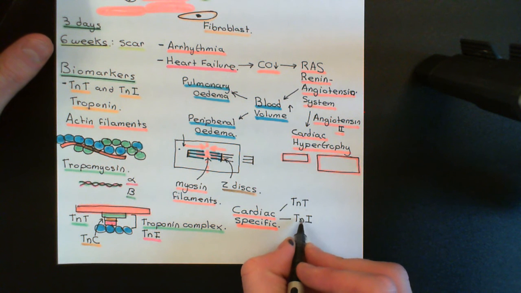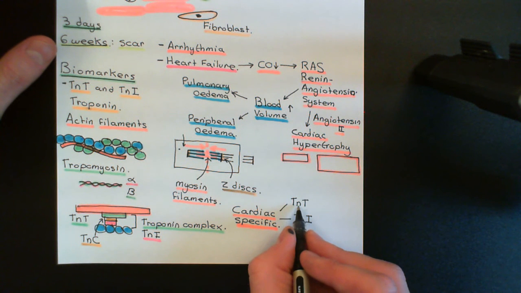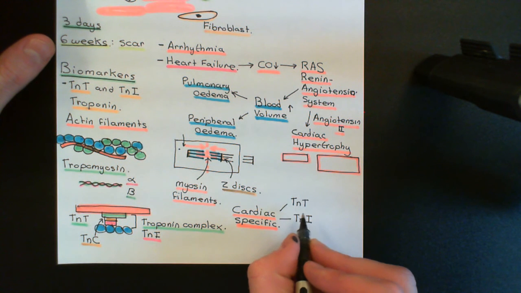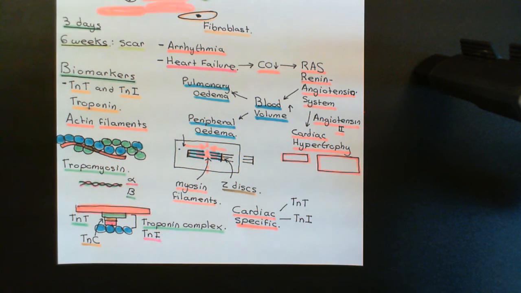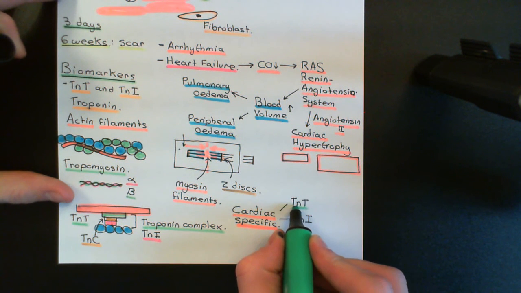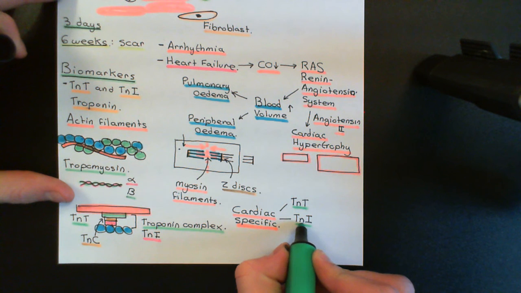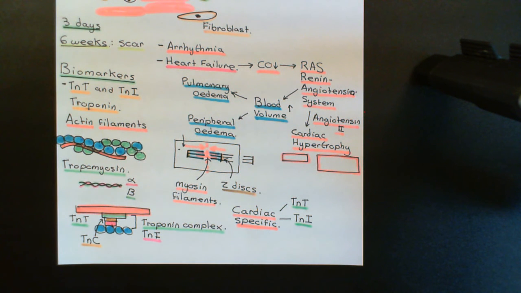It must have been a myocardial infarction, because if it was just unstable angina and you didn't actually have any cardiomyocytes dying, then these proteins would not have been released from the cells into the extracellular fluid, and they wouldn't have ended up in the systemic circulation. So by looking for proteins that usually are not in the blood and which are inside cardiac muscle cells and not inside other cells in the body, we can determine whether cardiac muscle cells have died.